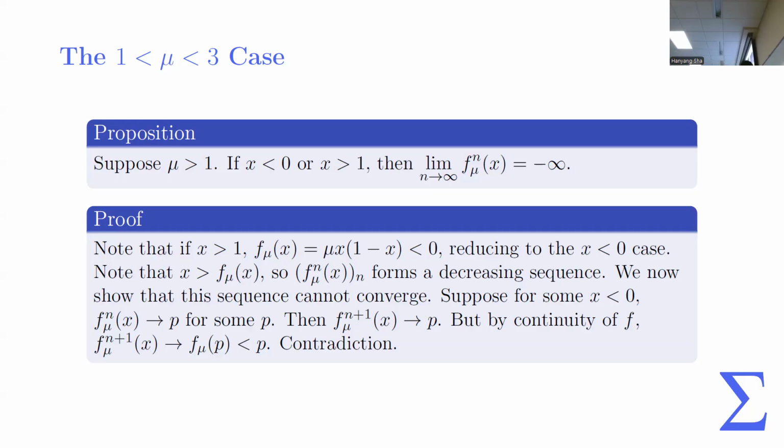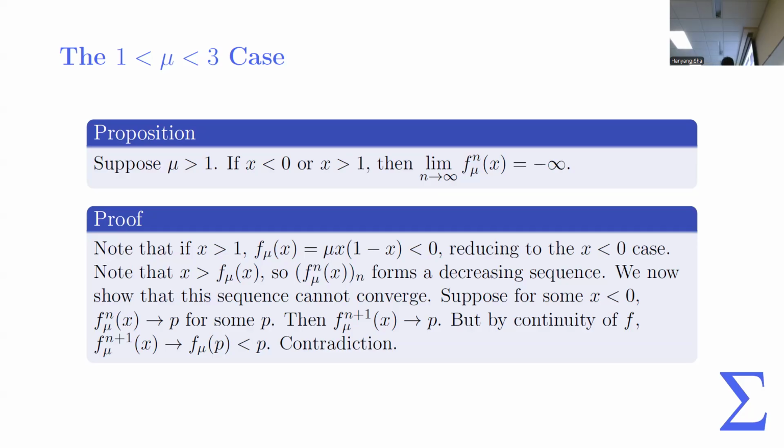What this means is that if you look at y equals x, the graph here will always be below this line, right? So then this sequence, f to the n of x, forms a decreasing sequence.